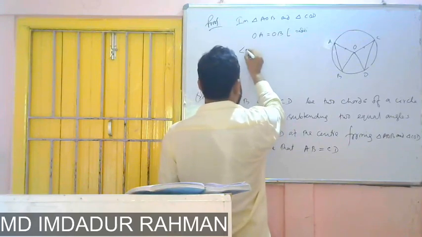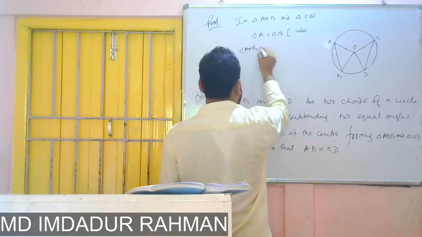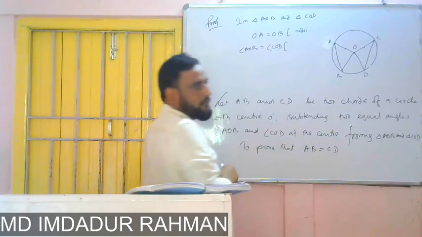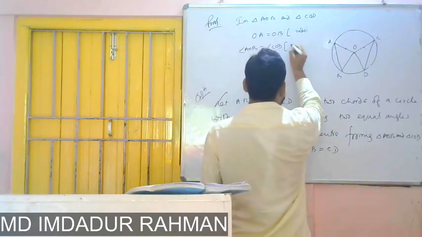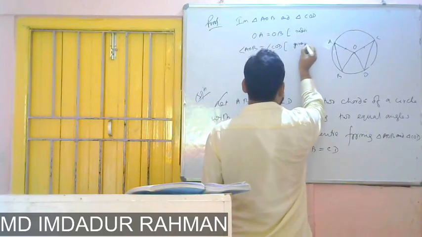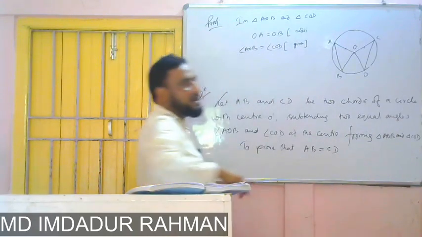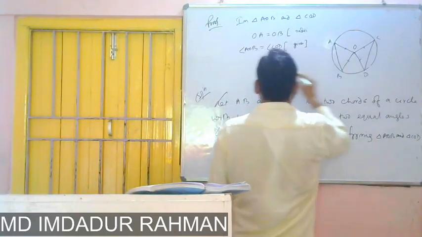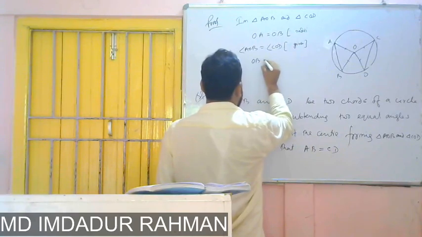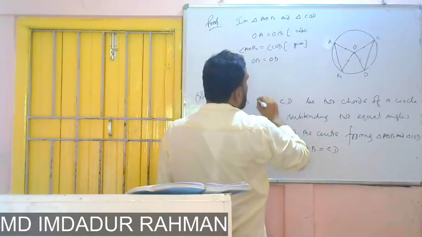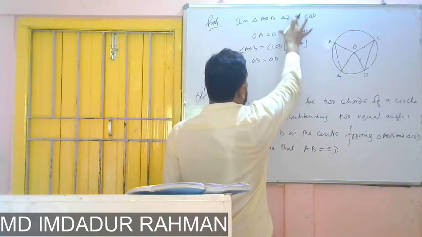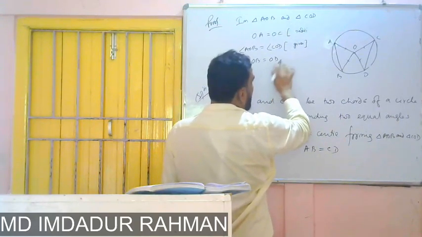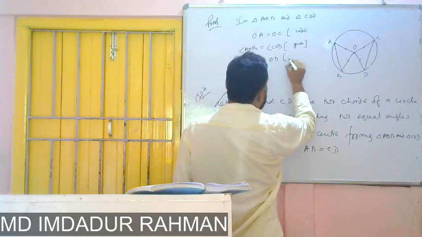Angle AOB is equal to angle COD, since it is given in the question that angles subtended at the center are equal. And the third part is OB is equal to OD, again radii.